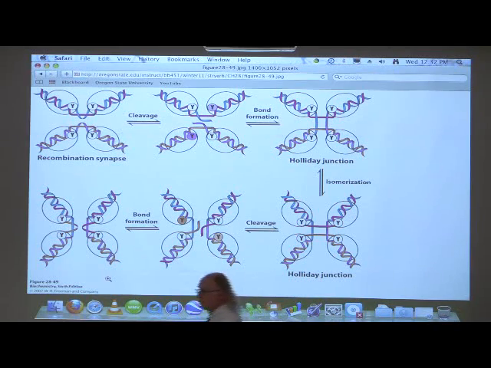But as a result of this, we can have some significant swapping of DNAs from one chromosome or one DNA sequence to another. This, I point out, is not totally unlike what we do in the laboratory where we're making recombinant DNAs. In making recombinant DNAs, what we are doing is putting together sequences that weren't together originally.